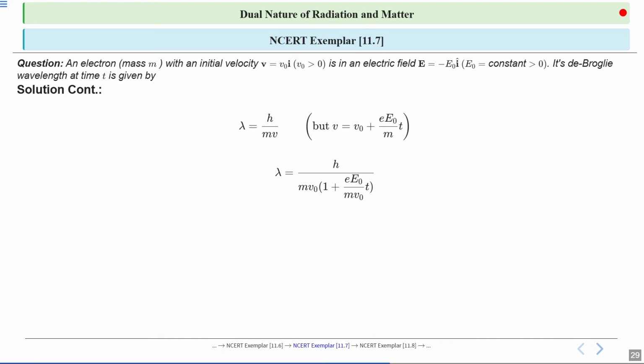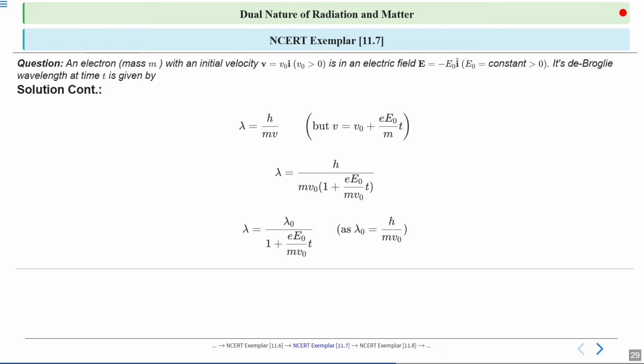So substituting the time dependent velocity into our de Broglie formula, we get lambda equal to h upon m v naught multiplied by 1 plus e capital E naught t upon m v naught. Okay, so how is m v naught coming here? We have taken m v naught common from both the terms.